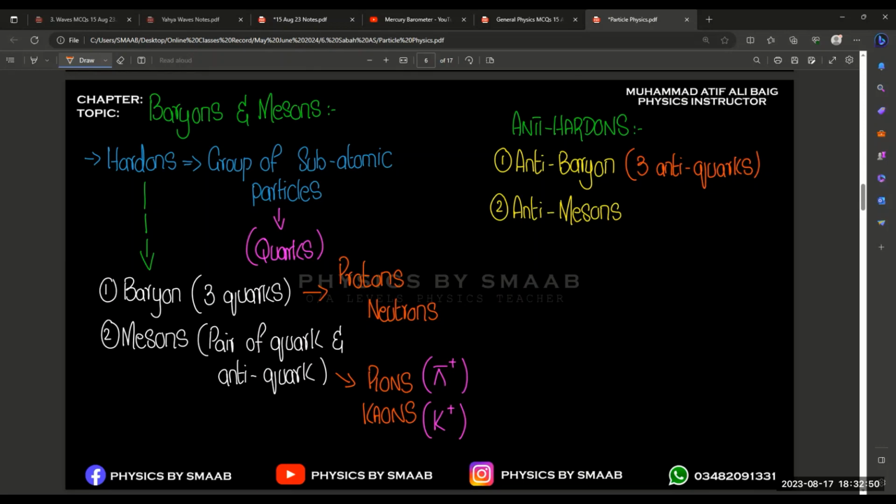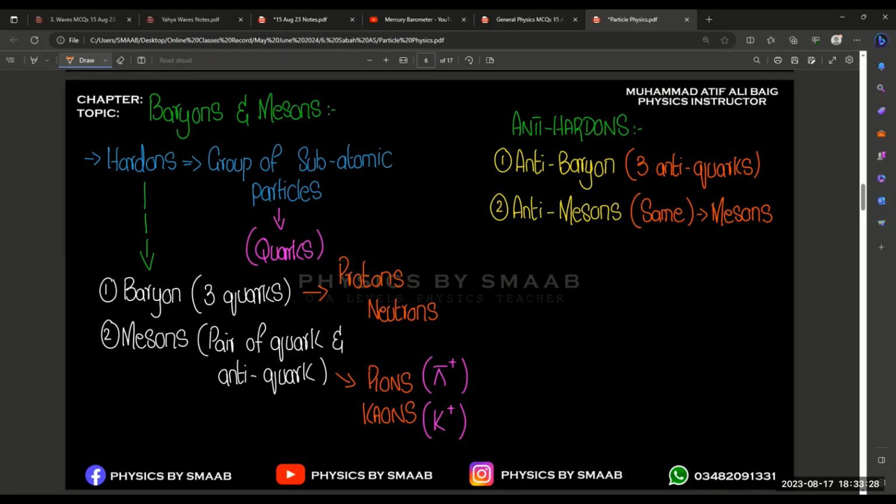And for anti-mesons, we need to combine again a quark and anti-quark pair, because the original quark converts into the anti, and the anti is converted into the normal quark, right? So the second category remains the same as we discussed in normal mesons, because mesons are already formed with the help of a pair of quark and anti-quark.